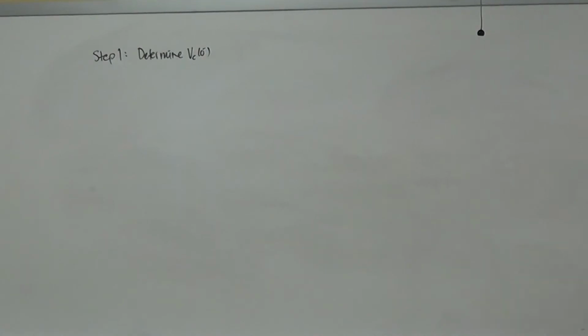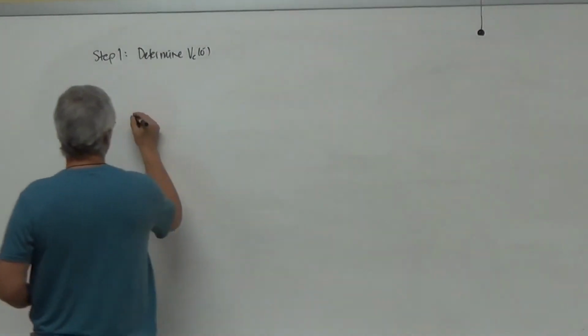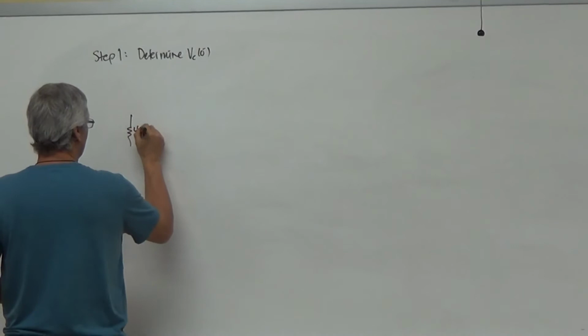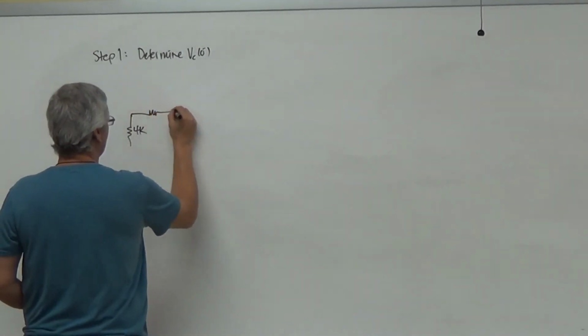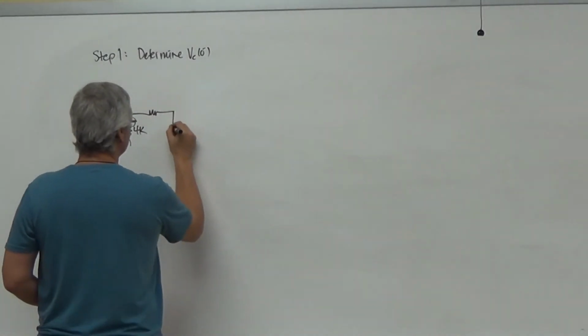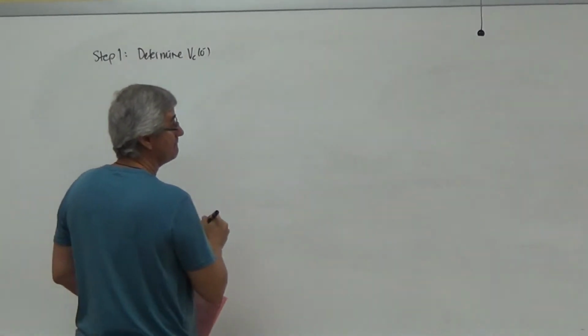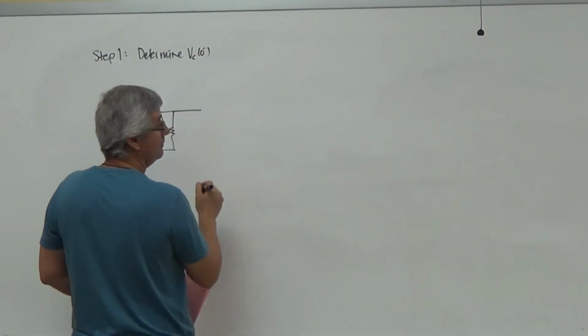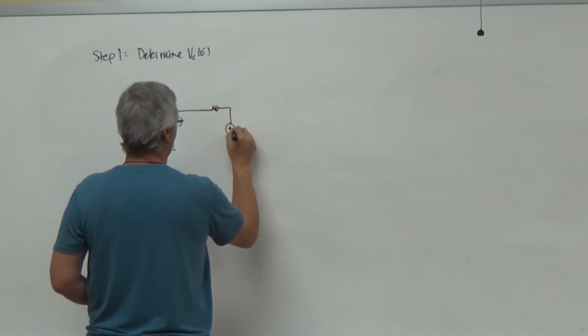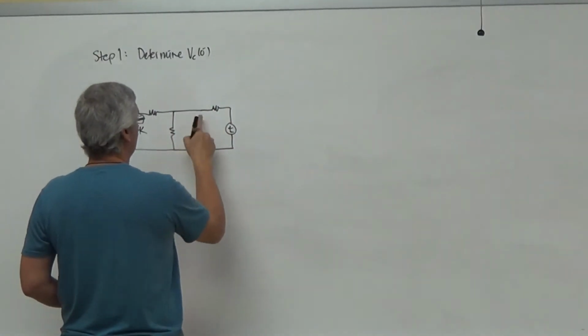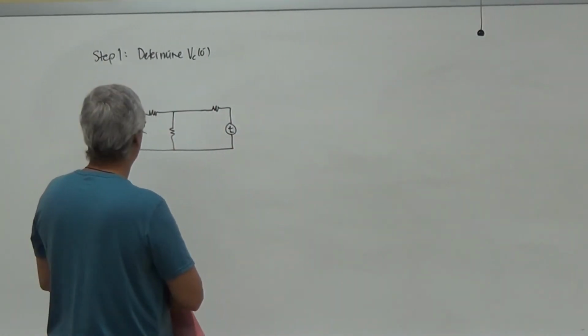So then I'm going to come over here, and I'm going to draw this as a 4K resistor. And then I'm going to get a 2K. And then I'm going to get another 2K. Then I have my open.